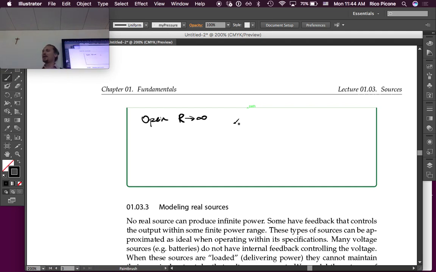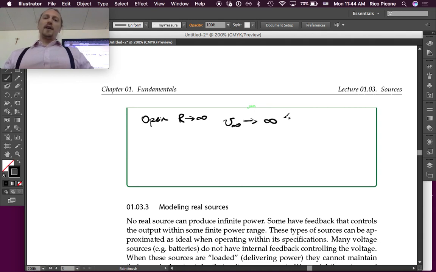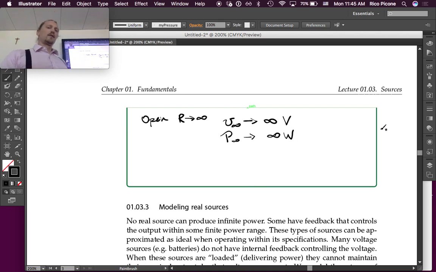And so what's going to happen to the potential difference between those two terminals? The voltage is going to increase and increase and increase, and since it's just going to keep going, that means our voltage is going to go to infinity, right? So our V infinity is going to go to infinity volts. And our power infinity is going to go to infinity watts. Sweet.